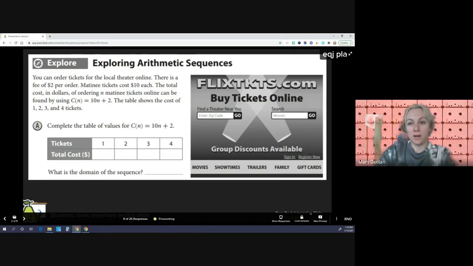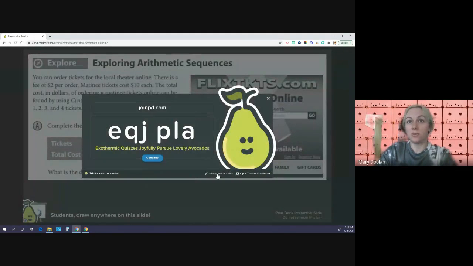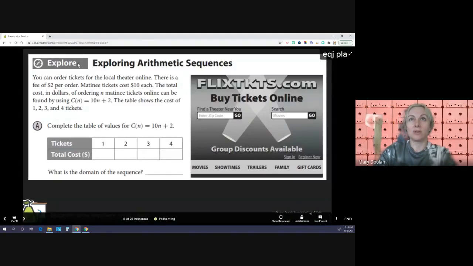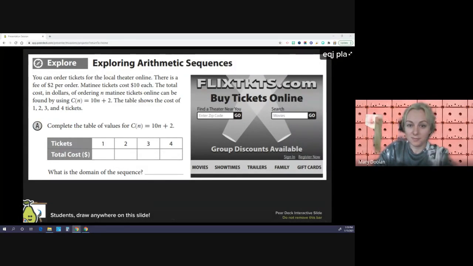So go to your Pear Deck tab or your Pear Deck window, however you have it set up. I am going to see if I can find some people that still need to open this, because there's 26 here, so we are still missing 3 people. I don't know if I have you on GoGuardian. I'm going to go try to find you. So everyone should be in their Pear Deck tab. I found somebody.